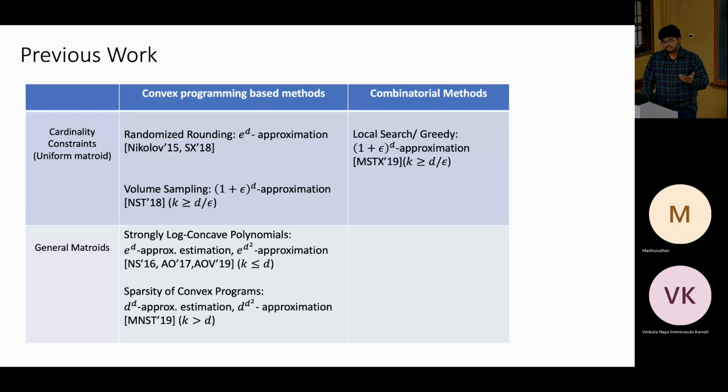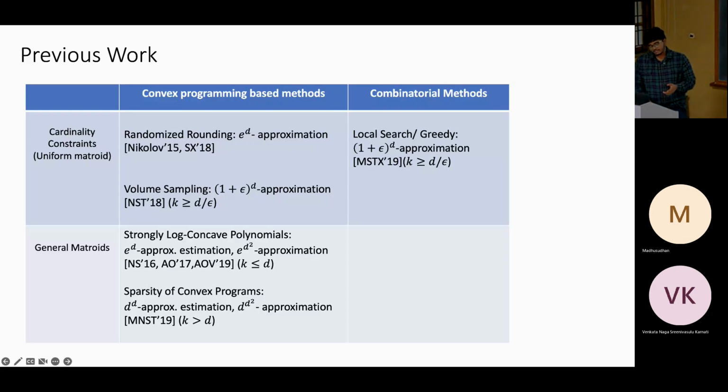If you need to get a solution, then you need to incur more loss. You keep solving, and to get an actual solution you need to solve this many times, and then the e to the d happens d times, and it multiplies, and you get e to the d square.